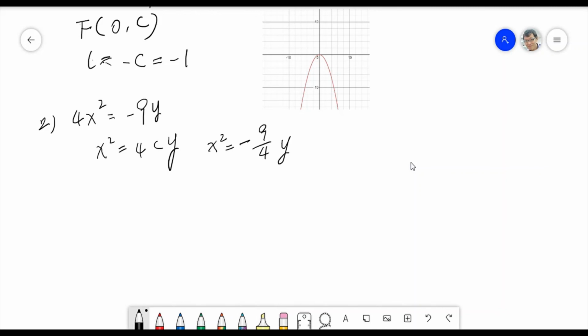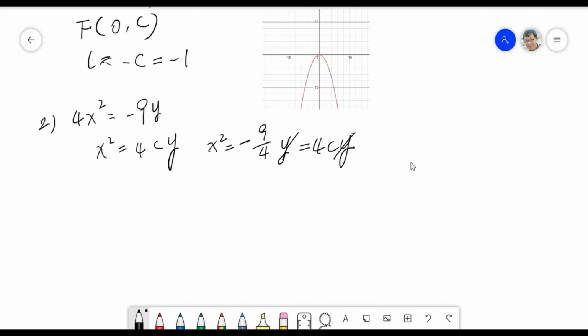So based on this one, comparing x squared equals to 4cy, x squared equals to negative 9 over 4 y, so on the right side they are equal, right? So equals to 4cy. So since they are the same on the left side and right side, we can remove them.